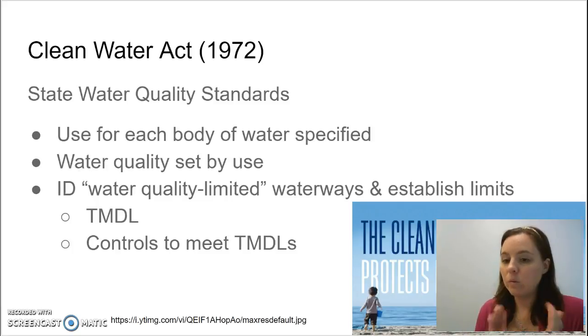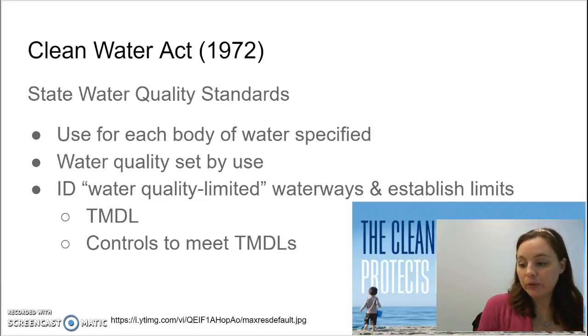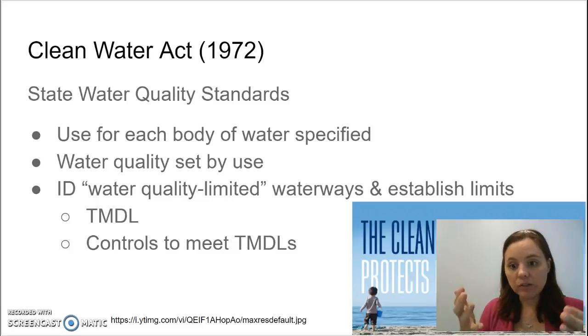And so the states then have to identify water quality limited or impaired waterways, and then establish limits of pollutants that can be emitted into these waters from both point source and non-point source pollution. They set a total maximum daily load for every pollutant. So for nitrogen, they'll set a total maximum daily load that can be discharged into the waterway and still meet the water quality limits.